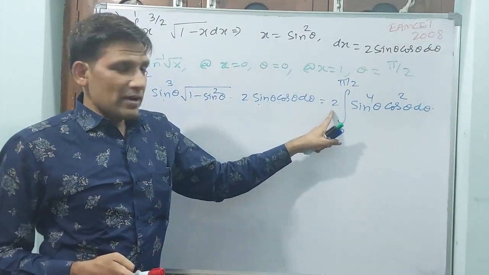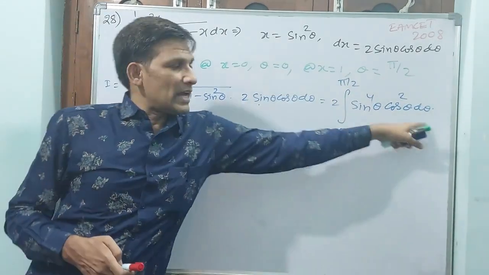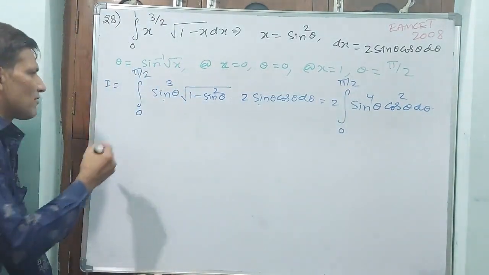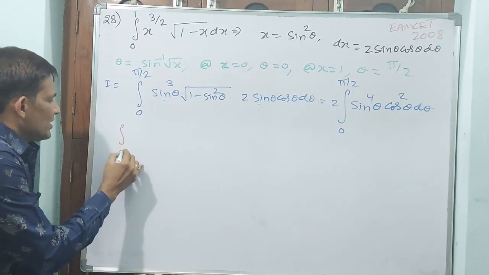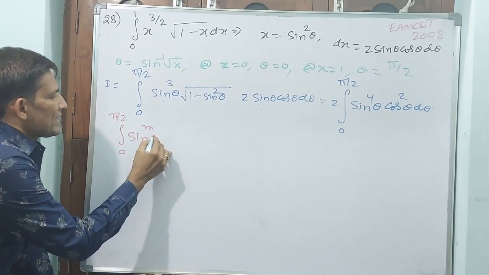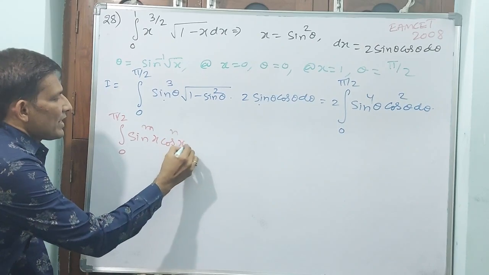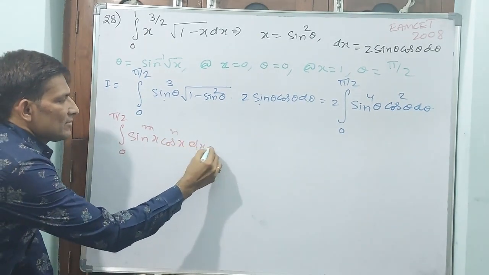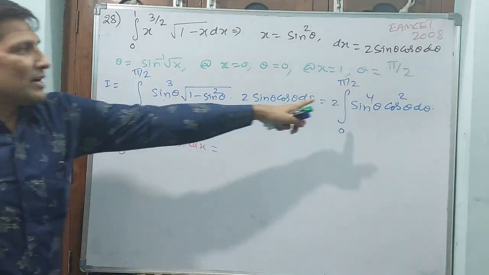This formula you know, except 2, 0 to pi by 2, sin to the power of m, sin to the power of n. Once again I will write integral 0 to pi by 2 sin to the power of m x cos to the power of n x dx is equal to, see, both are even.